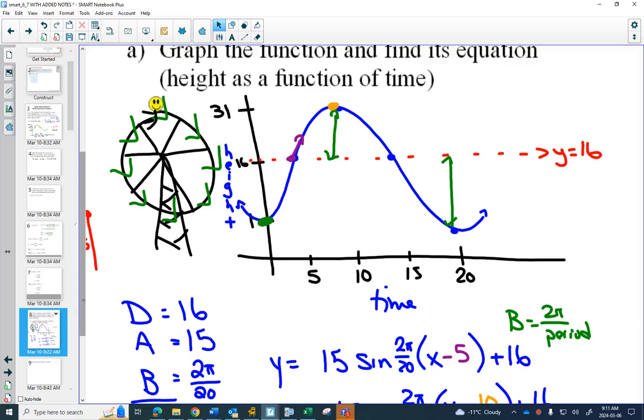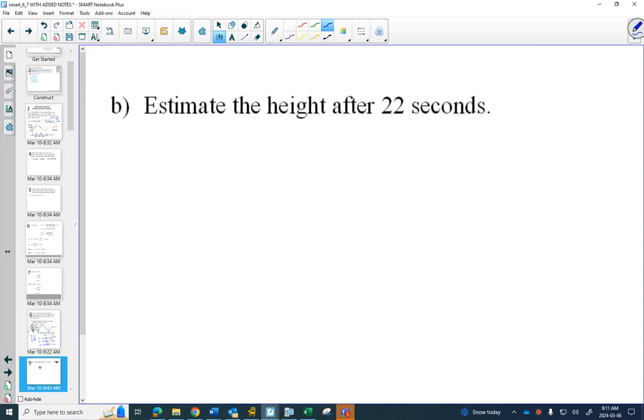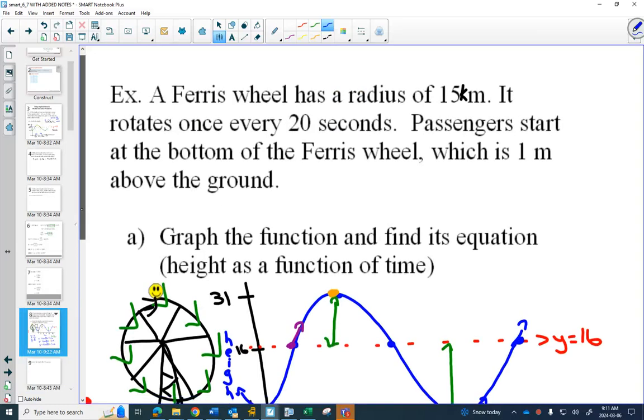So first of all, if I went to 25 seconds and this kept on going forever, just like my hometown fair, right? At 25 seconds, you'd be back to 16 again. And the first question asked of us is to estimate the height at 22 seconds.